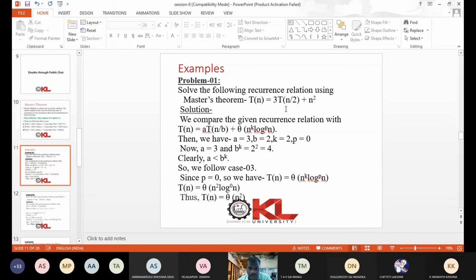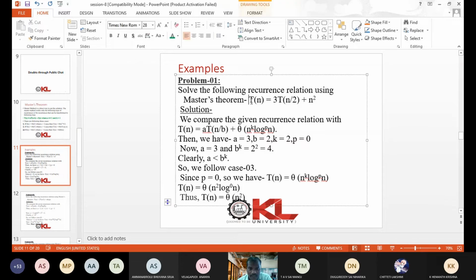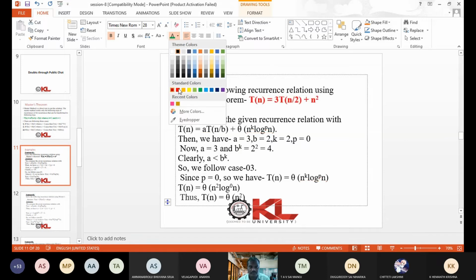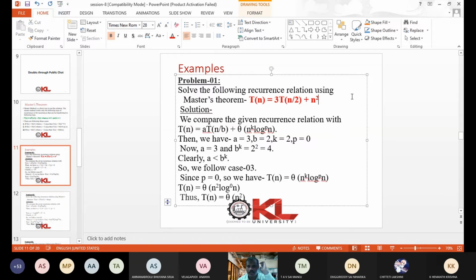So here the given equation is T of n is 3 into T of n by 2 plus n square. Check whether it is in the form of A into T of n by b plus f of n.